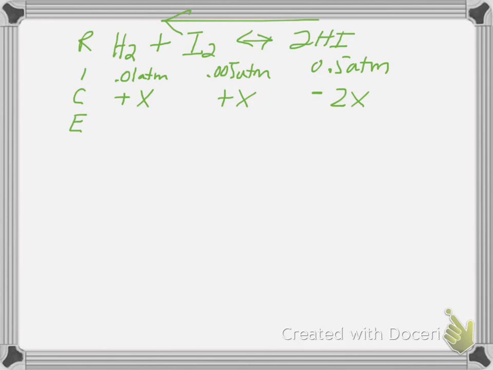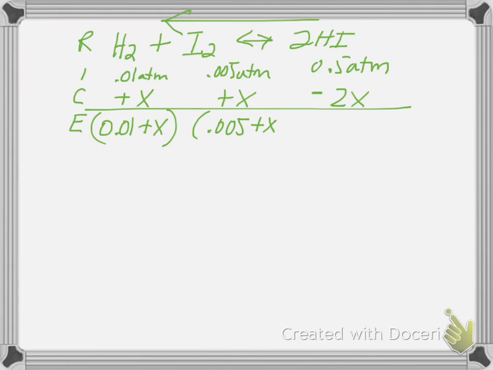Calculate the equilibrium pressures of all the species. That's what I'm trying to remember, but this is the math, so that's why I need to stop and read the problem.